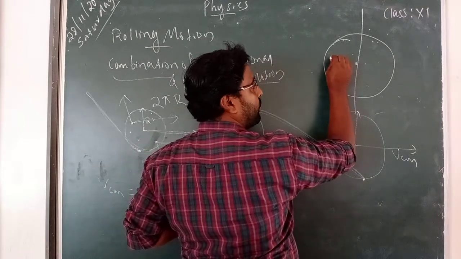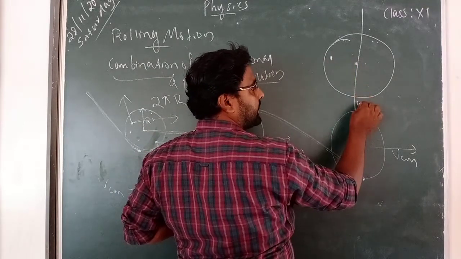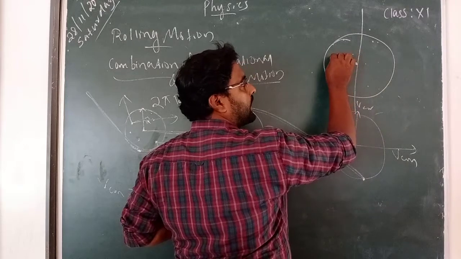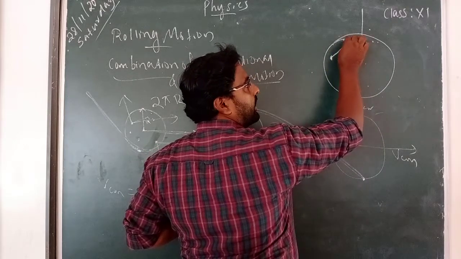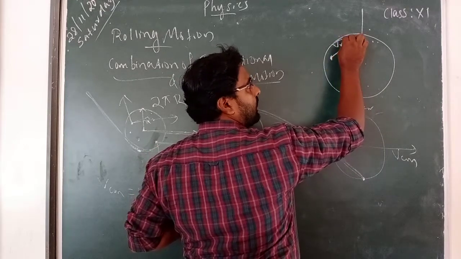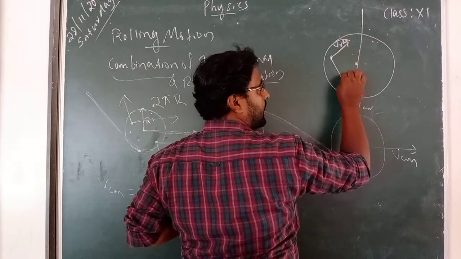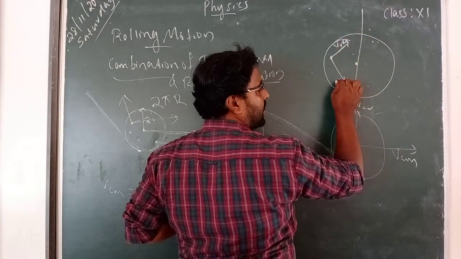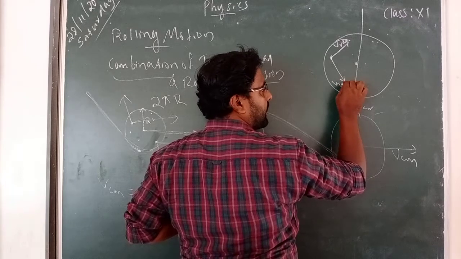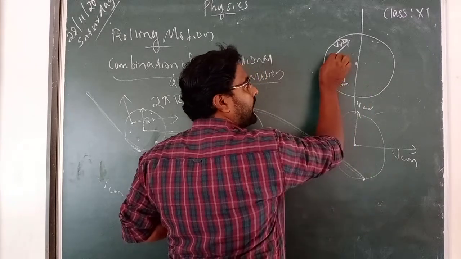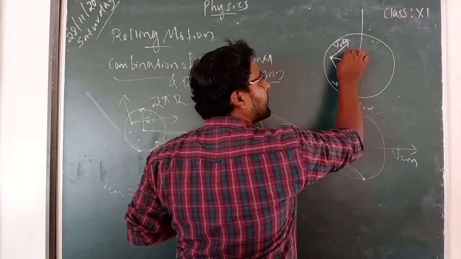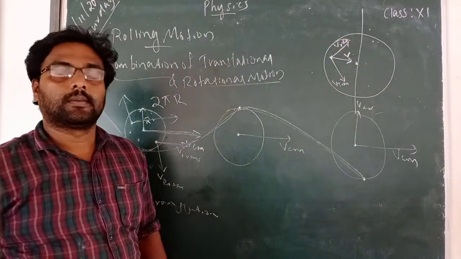Here you are choosing a point now. This is VCM. One is V rotational and the other is V translational motion.